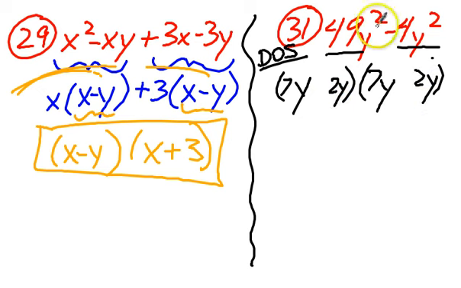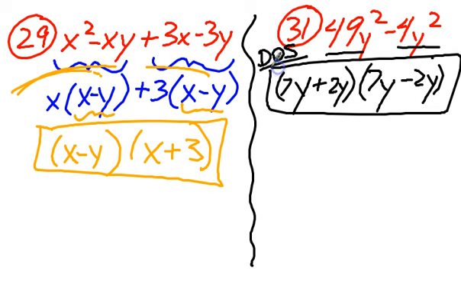Well, there's no middle term here, and when we FOIL normally, we should have a middle term, the O and the I. Well, the reason we don't is because I need different signs to produce the negative 4y squared. So that's our answer. But when we go back to check it, the outside is negative 14y and the inside is positive 14y. So those two cancel each other out. That is why there's no middle term up there.